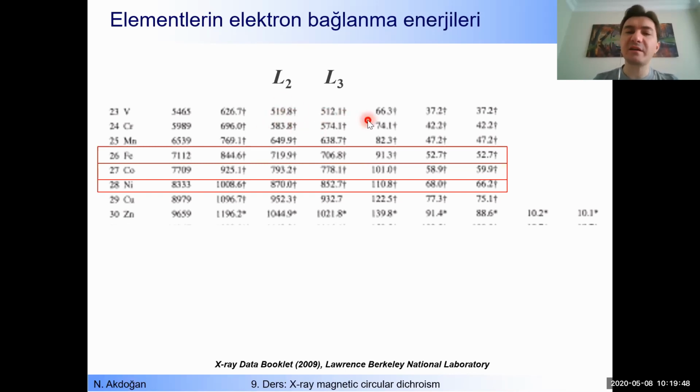We discussed this during the last lecture. These electron binding energies can be found in the X-ray data booklet published by Lawrence Berkeley National Laboratory. You can find a free PDF version of that booklet.